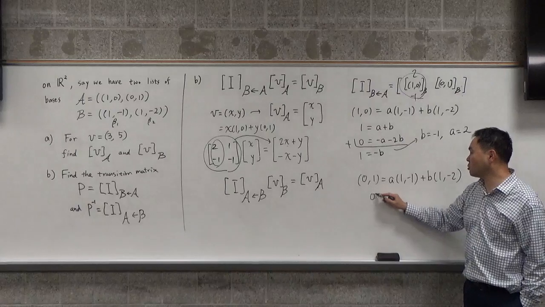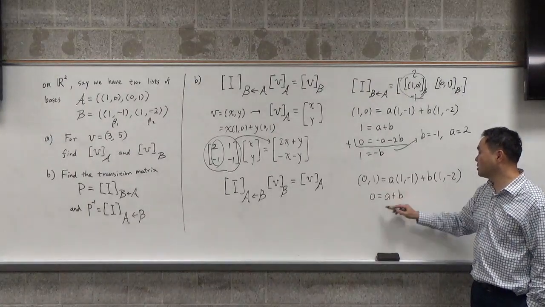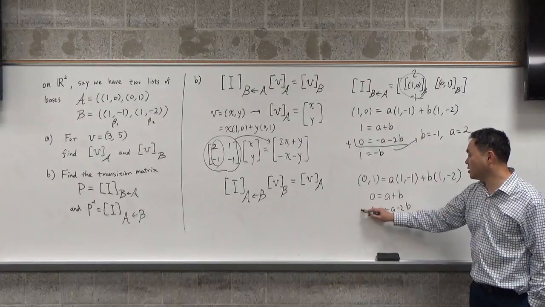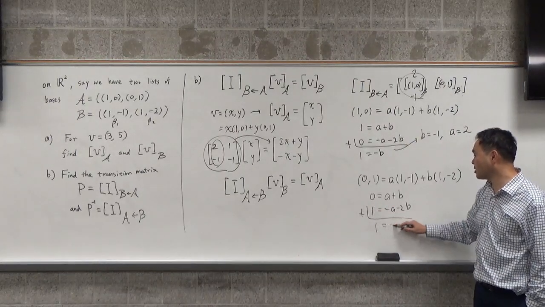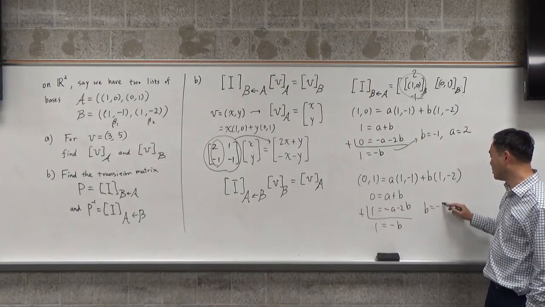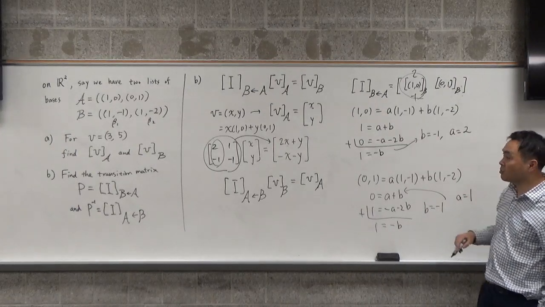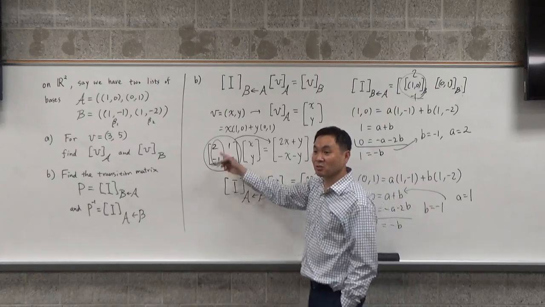So again, 0 would be A plus B, and 1 would equal negative A minus 2B. Add them up, you get 1 equals negative B, so B is negative 1. Plug that in, and you get A as 1. So you get 1, negative 1. That's where this comes from.